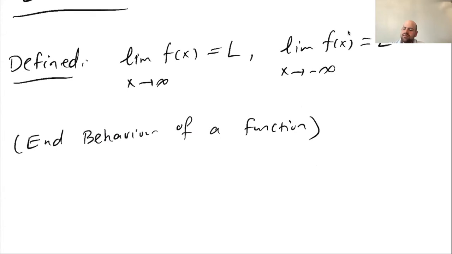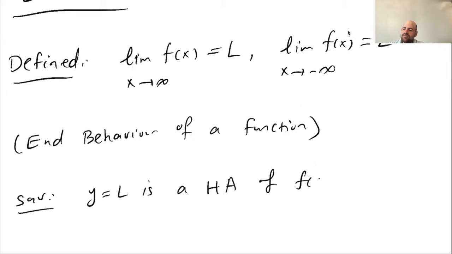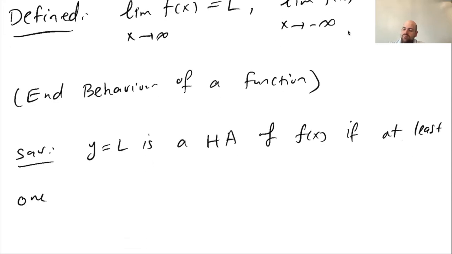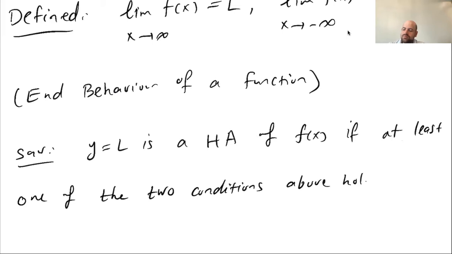So we also saw that y equals L is a horizontal asymptote of f of x if at least one of the two conditions above holds.